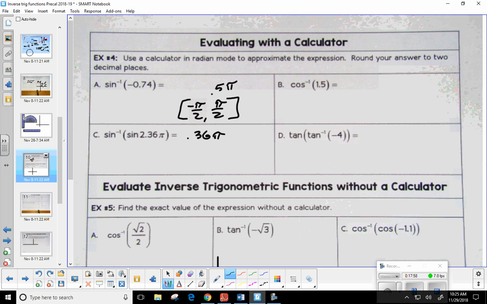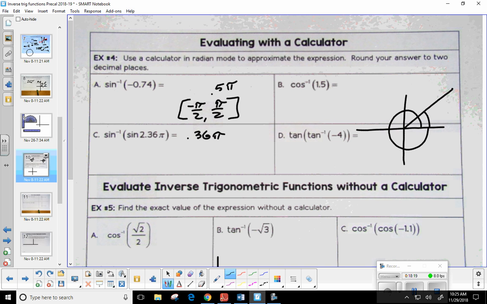Let's kind of look at it graphically. 2.36 pi, what quadrant would that put me in? It puts me in quadrant 1, right? If I start here in standard position and I rotate all the way around, how far have I gone? 2 pi. Now I just want to go an additional 0.36 pi.